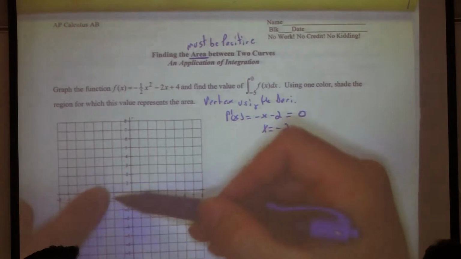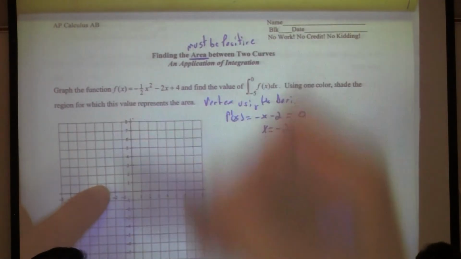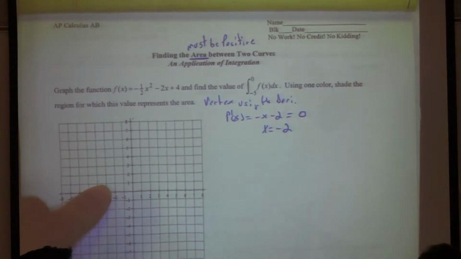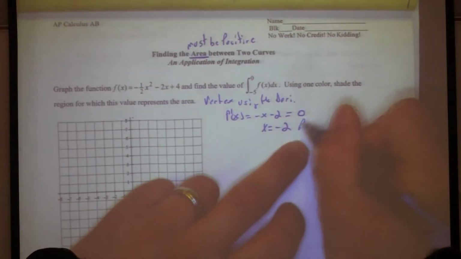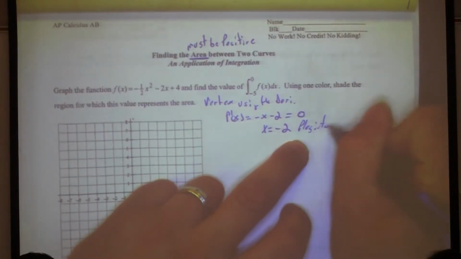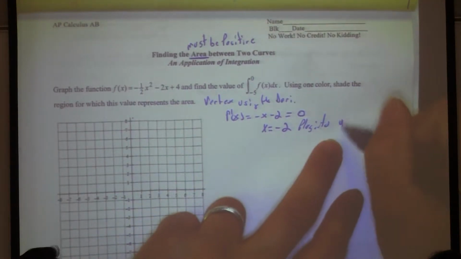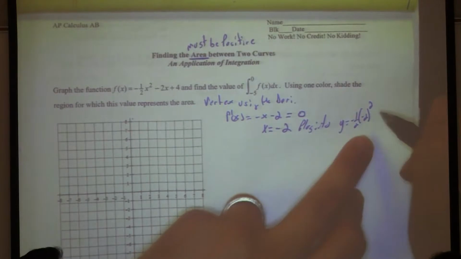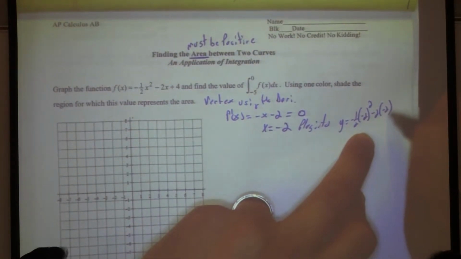Alright, so we know where we're going to have that max, but we don't know specifically what y value. How would I find the y value? Very good. So plug into. So we're going to get y is equal to negative 1/2 times negative 2 squared minus 2 times negative 2 plus 4.